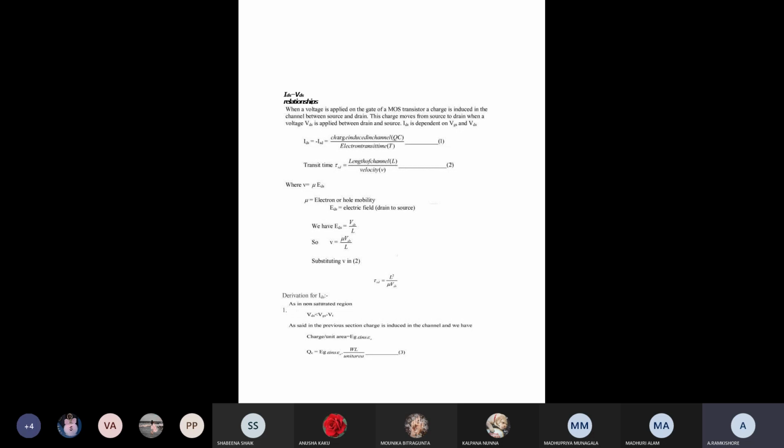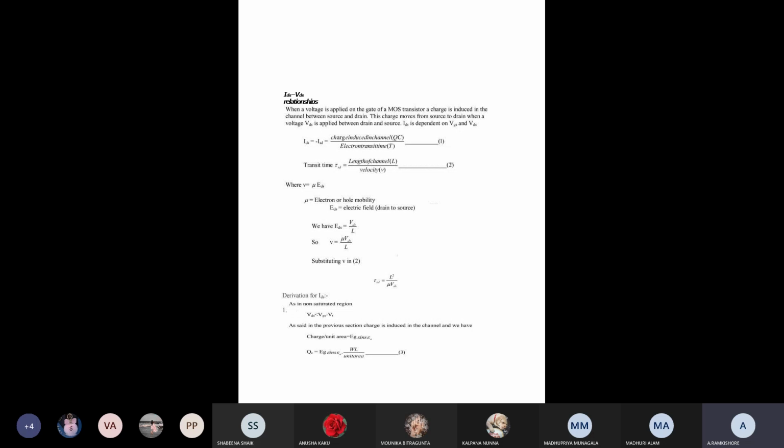In both the enhancement mode and the depletion mode, IDS depends on the charge induced in the channel, which in short form we denote as QC, and it is also a ratio with the electron transit time. In equation format, IDS is equal to the charge induced in the channel QC by the electron transit time tau.